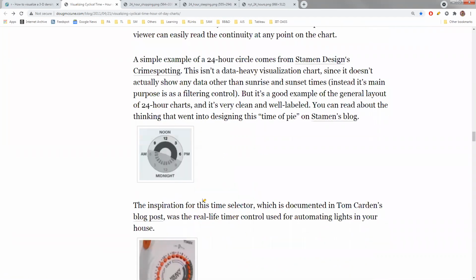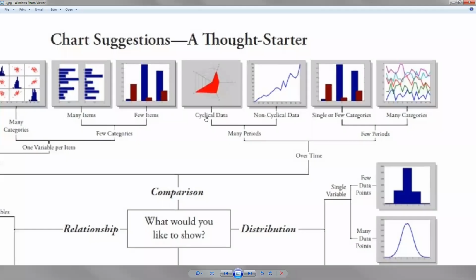There are different variants, but we will not go there. So whenever you're looking at cyclical data, it's normally important to go for a cyclical plot if required, rather than just the line plot.